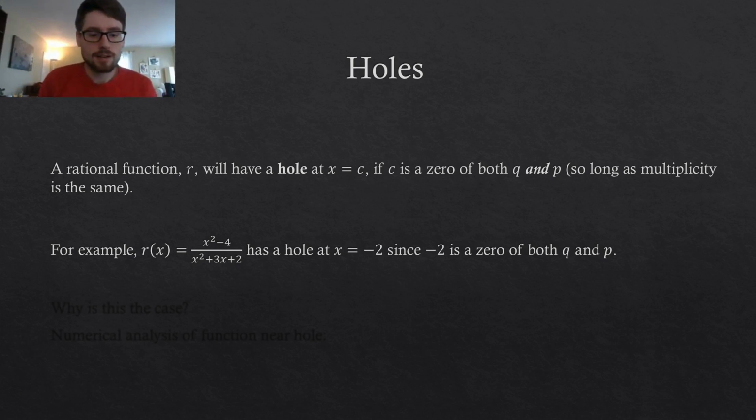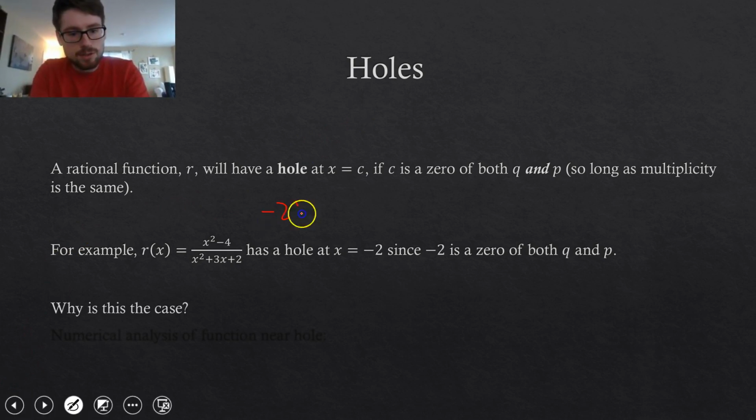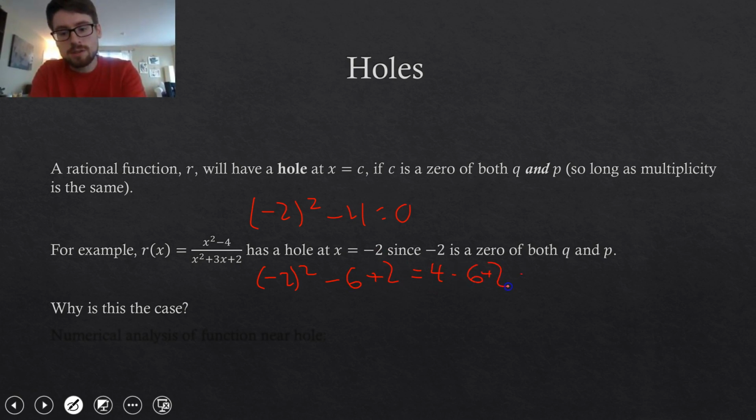If you were to plug negative 2 in, you would get (-2)² - 4, which is 0. And if you were to plug it into the denominator, you would get (-2)² - 6 + 2, which is 4 - 6 + 2, which is also 0.